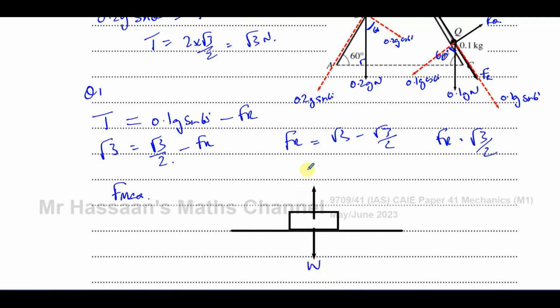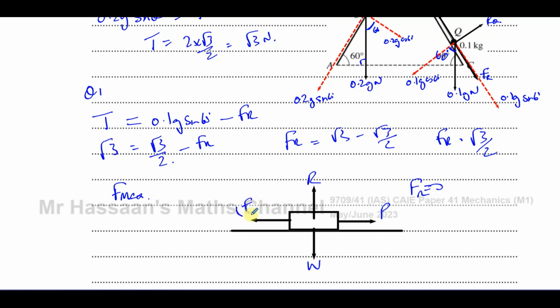If there's no force trying to push it, even though it's a rough surface, the friction is going to equal 0, because nothing's trying to move it. However, if you have a force P pulling it in this direction, then there will be a frictional force acting in the opposite direction, which will try to stop it moving.